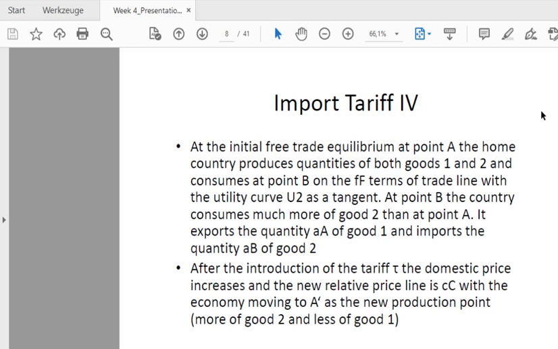Now let us look at the initial free trade equilibrium, which we find at point A. At this point, the home country produces quantities of both goods, good 1 and good 2, and consumes at point B, yes, capital B, on the FF terms of trade line with the utility curve U2 as a tangent.